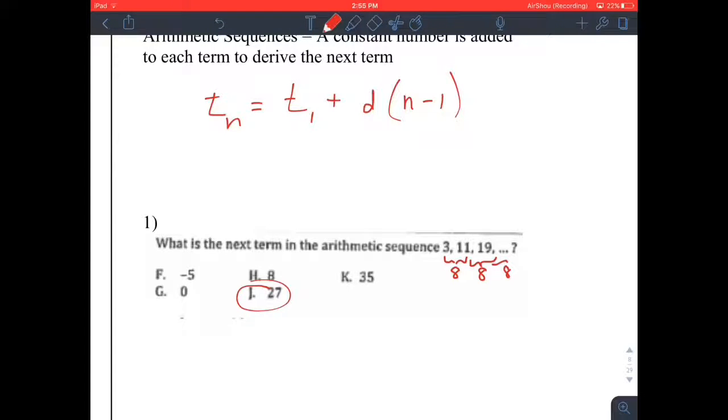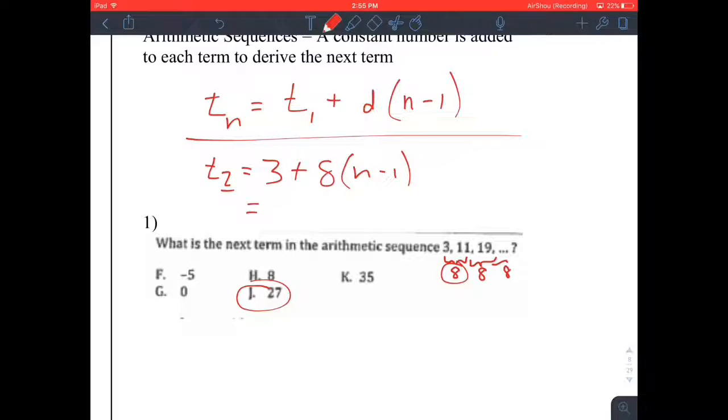Now let me show you how that works with the formula. Let's say we want to find the second term, term 2. Take the first term, which was a 3, plus the number we're adding each time, which is an 8, times n minus 1, where n is 2. So that's 3 plus 8 times 1, which is 11, which was the second term.